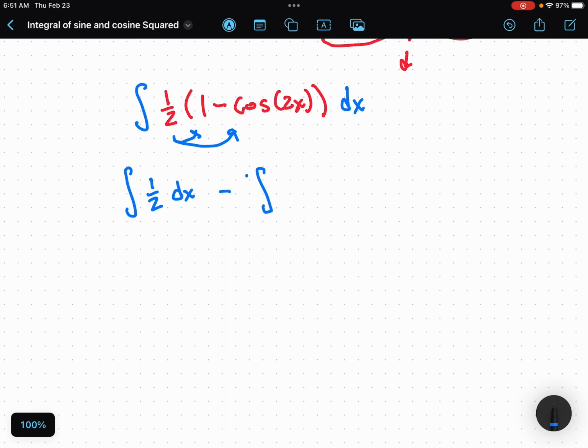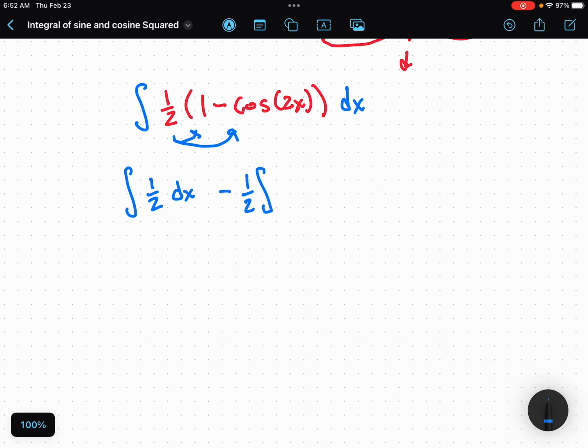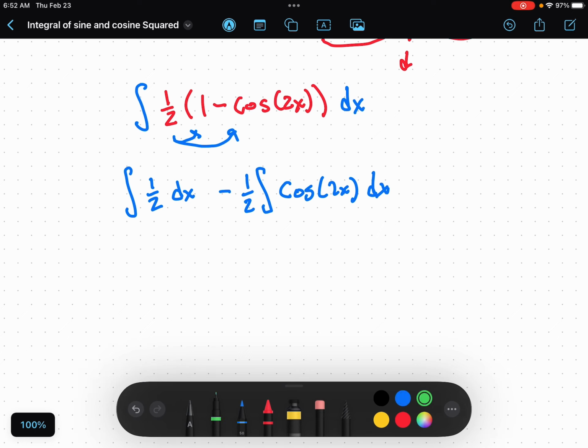And you can stick the 1/2 out here if you want. Let me write that a little better. 1/2 cosine 2x dx. Okay, now this antiderivative over here on this side is pretty easy to deal with. That's just 1/2 x. This one is a composition.